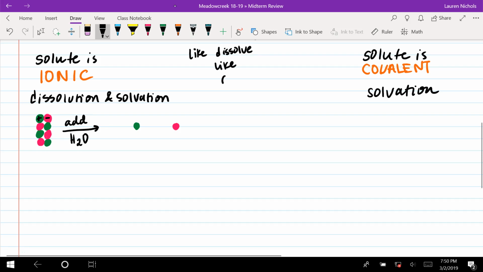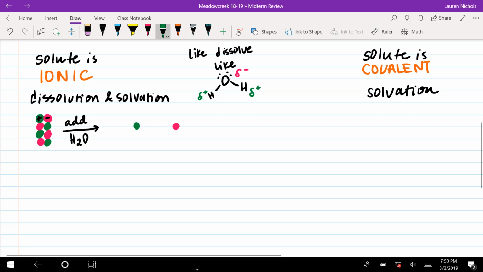Now, water is polar. If you look at the Lewis structure of water, oxygen has a partially negative charge, whereas the hydrogens are partially positive. This is because the oxygen is more electronegative, so it pulls the electrons that are being shared in the bond between hydrogen closer to itself.